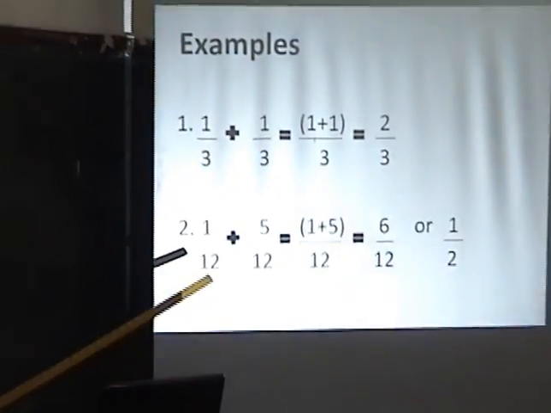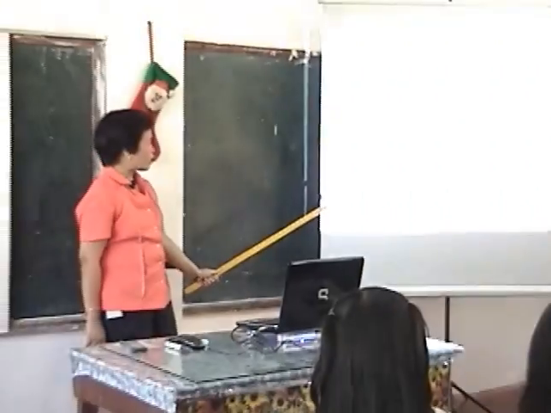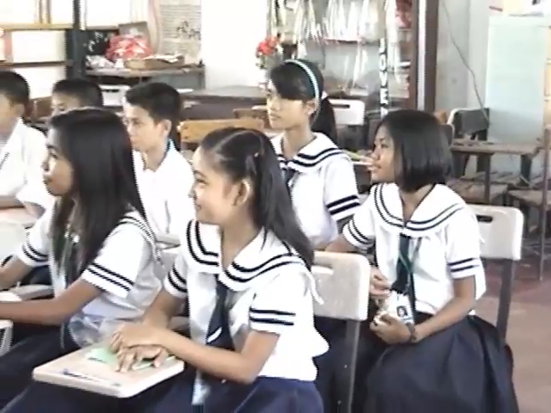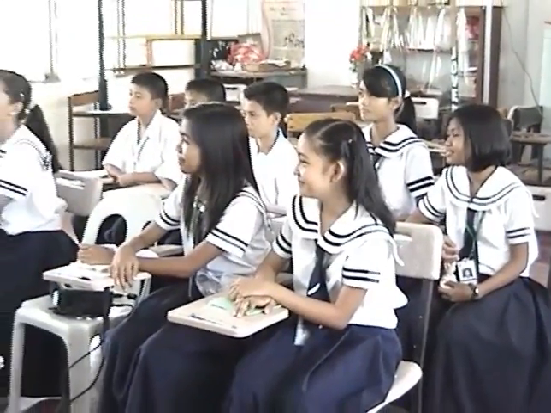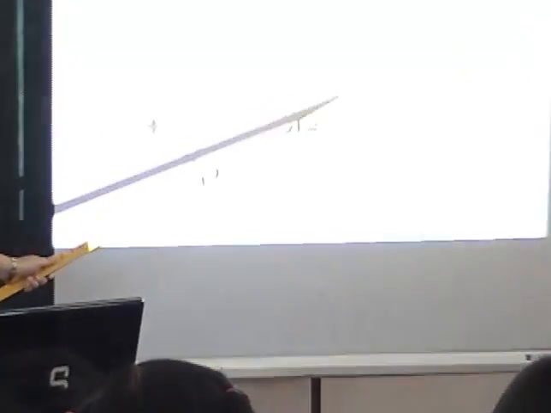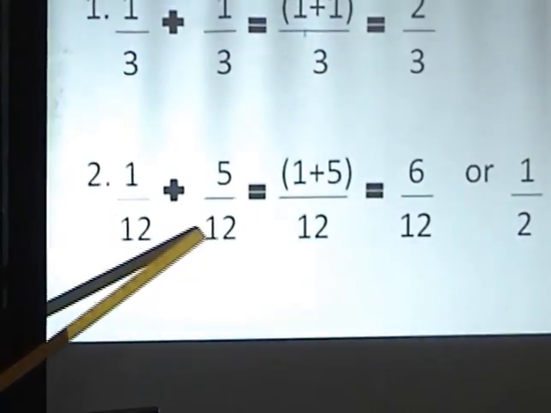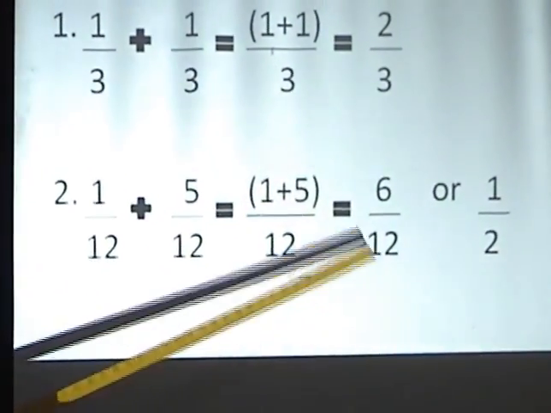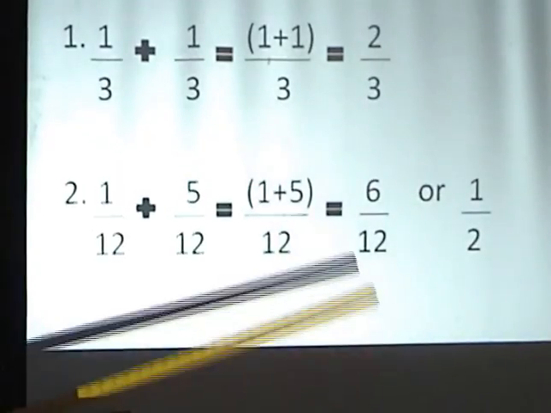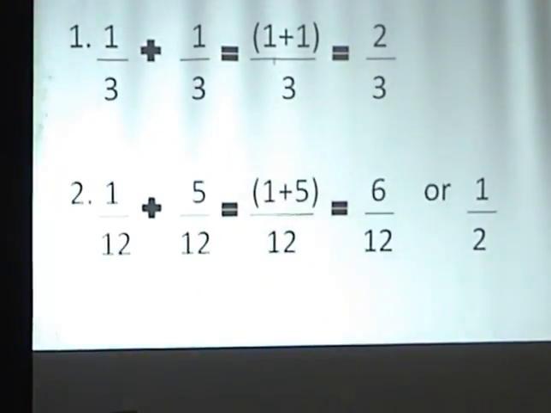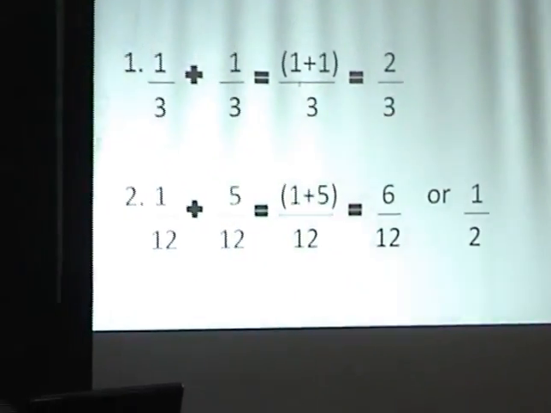On the second example, we have 1/12 plus 5/12. Adding 1 and 5 becomes 6, and then we just copy or keep the common denominator, which is 12. So the answer is 6/12, and simplifying it becomes 1/2.